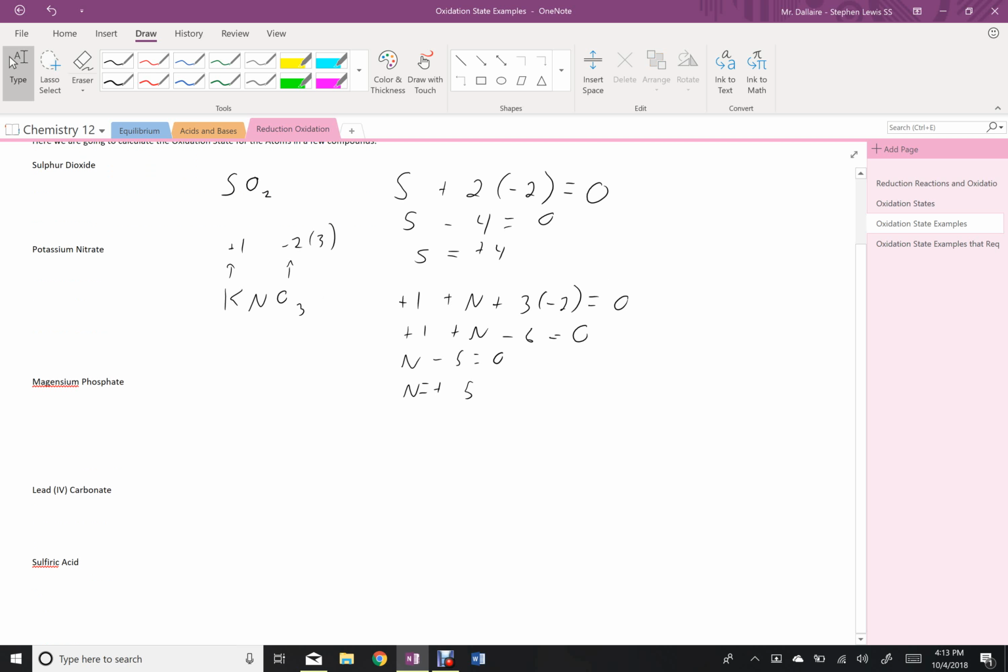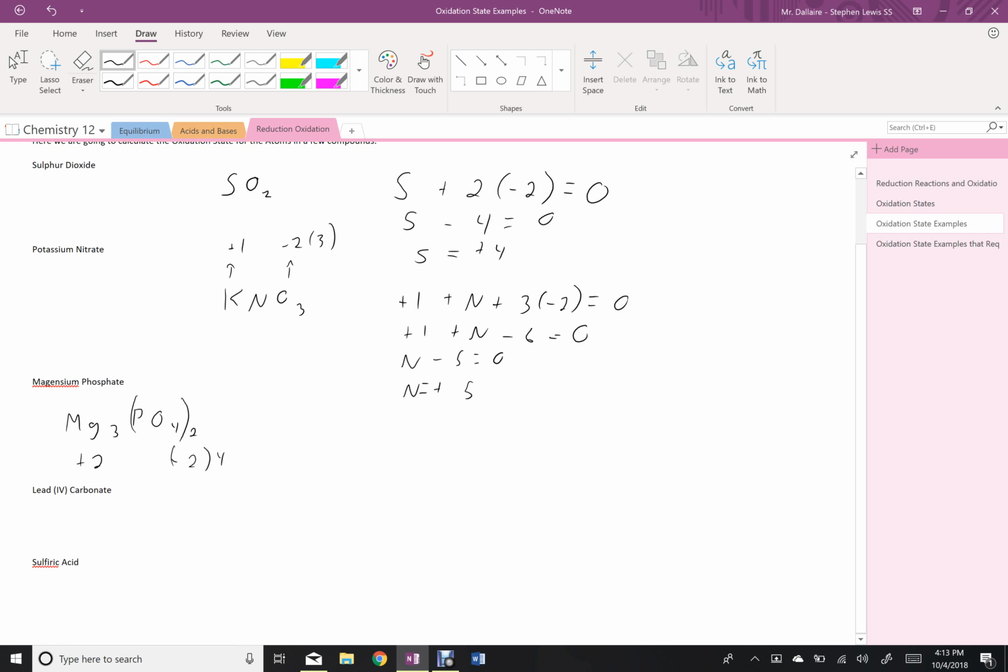Magnesium phosphate. So, magnesium is an earth alkali metal, so that'd be plus 2. The oxygens would be all minus 2.